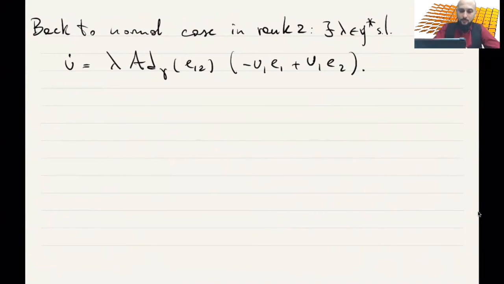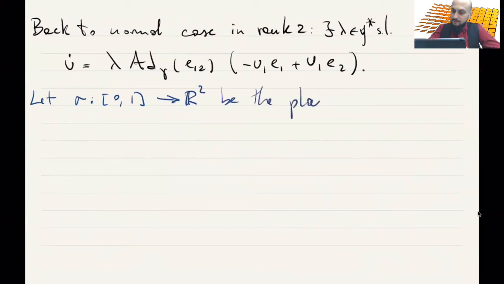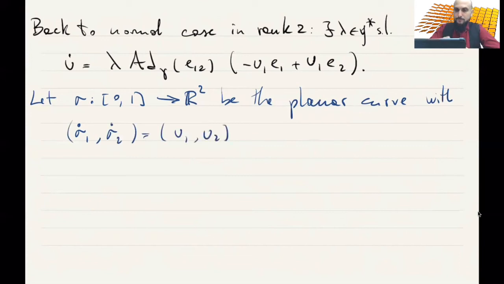Okay. Now, let me introduce a curve sigma, defined on [0,1], valued in R^2. So this should be the planar curve with derivative equal to u. I'm saying, let's say, sigma dot equals (u1, u2).